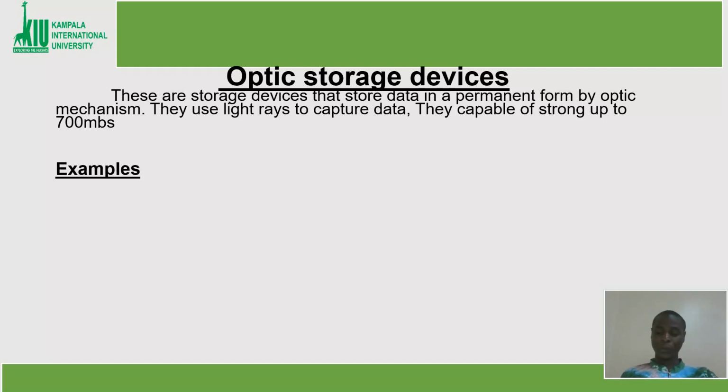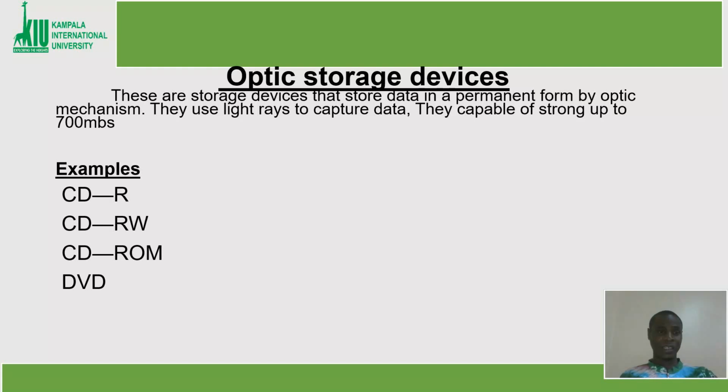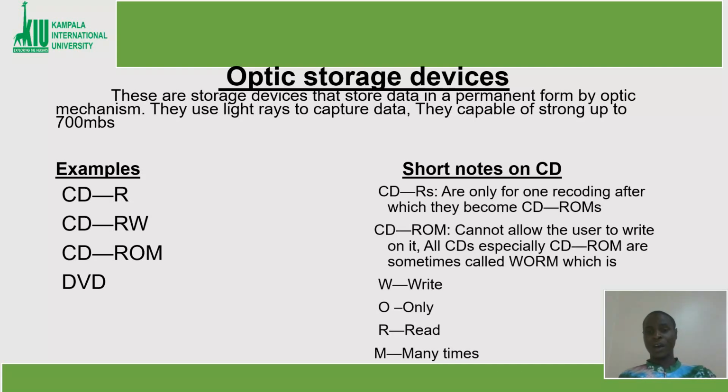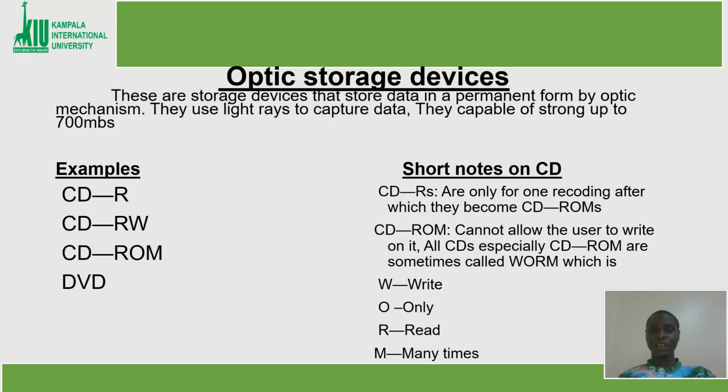Examples of optic storage devices: we have CD-ROM, CD read and write, and DVD. Short notes on CDs. CD-R is for only one recording, after which it becomes a CD-ROM. Even CD-ROMs do not allow the user to write on them.